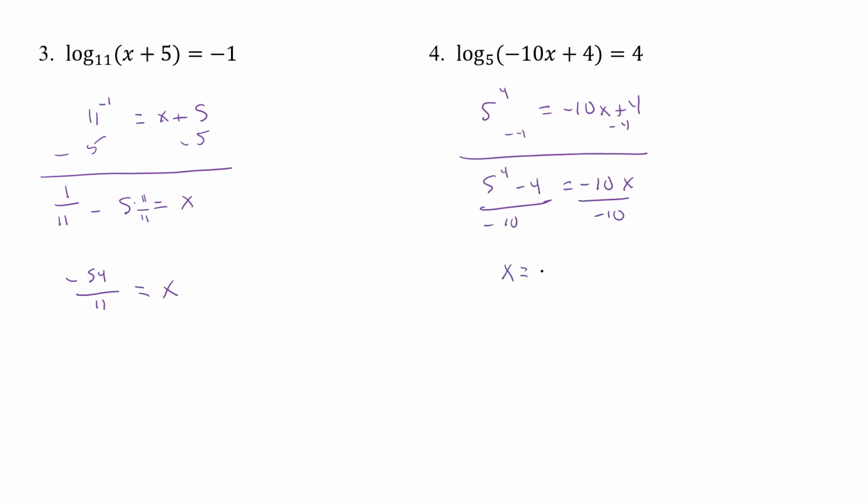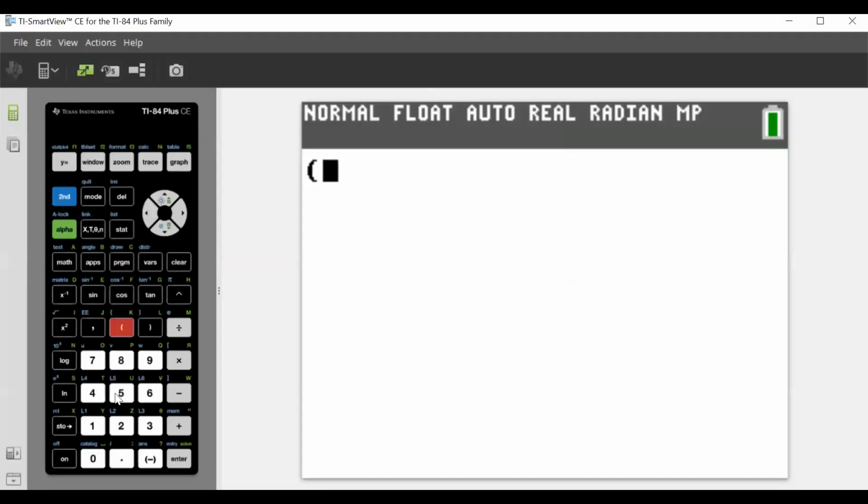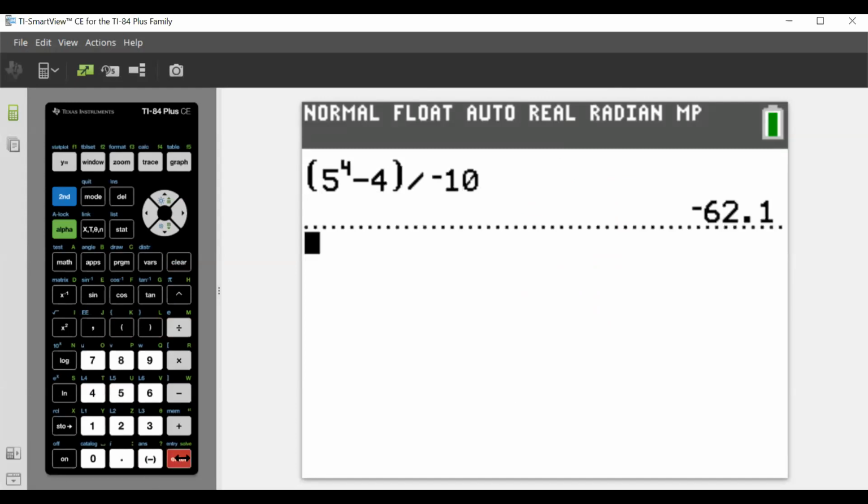And so x equals, and now what we have to do is just plug all that into our calculator, 5 to the 4th minus 4 over negative 10. And if we do that, we 5 to the 4, then go down, and then subtract 4, divide by a negative 10, and we get negative 62.1.